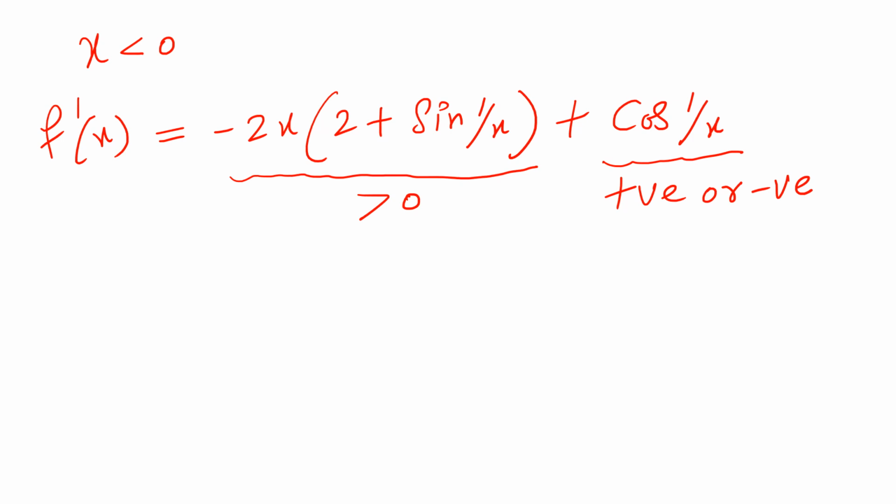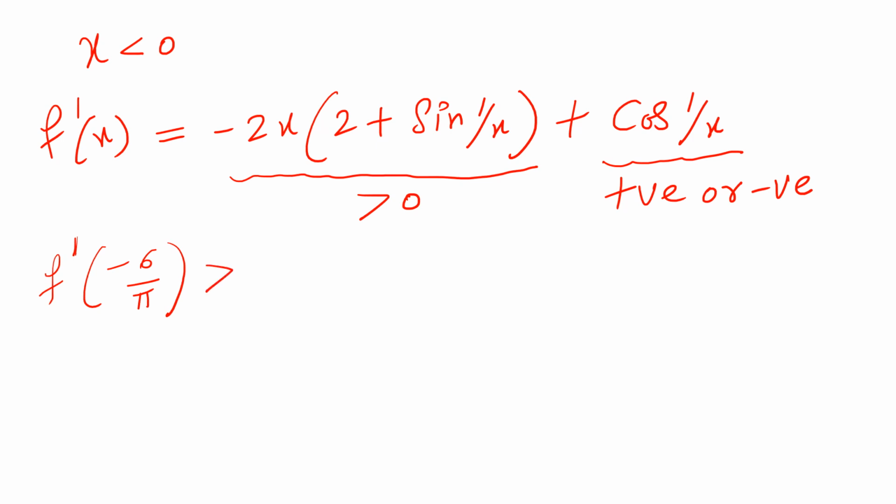That is, f of x is increasing as well as decreasing. Now I will explain it with the help of a few values. Now if I find the value of f dash x at x equal to minus 6 upon pi. Now students, since I have taken x equal to minus 6 upon pi, the value of 1 by x is minus pi by 6 and it lies in the fourth quadrant.